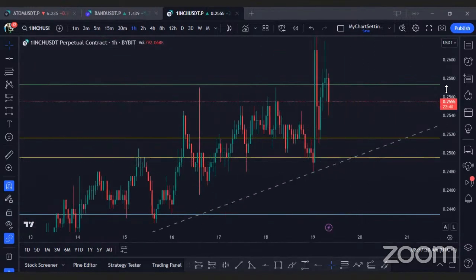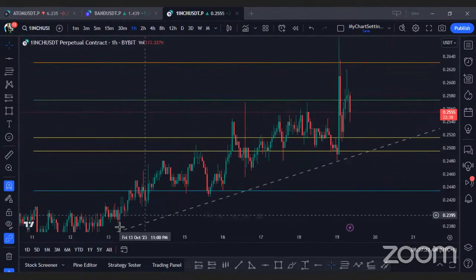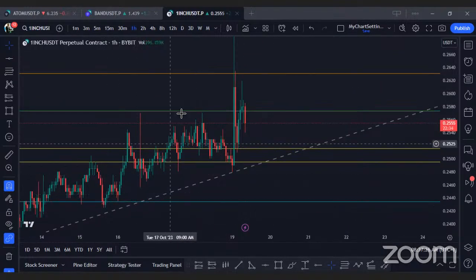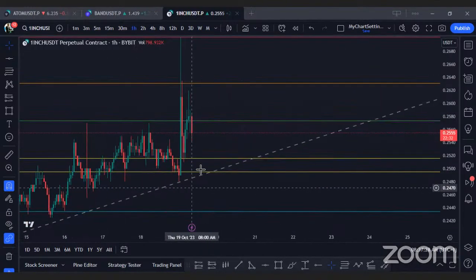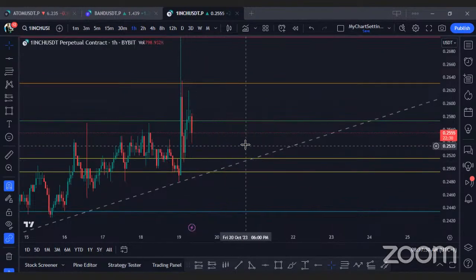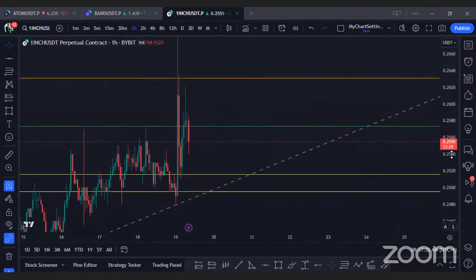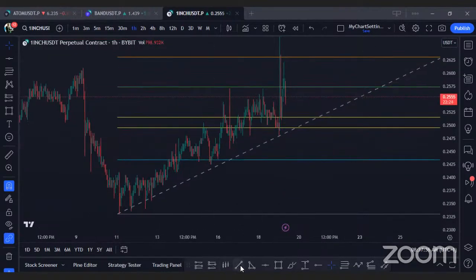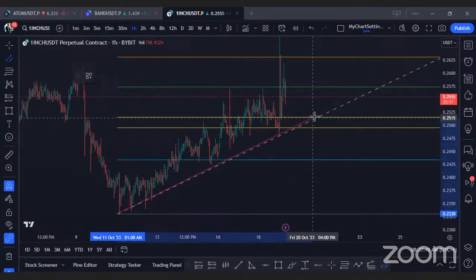So yeah, we want this upward trend to continue. We want this upward trend to continue to print and all of that. So be looking for a rejection at around this area. Here, this is equally serving as a trend line. Let's plot a trend line here, guys, and see.